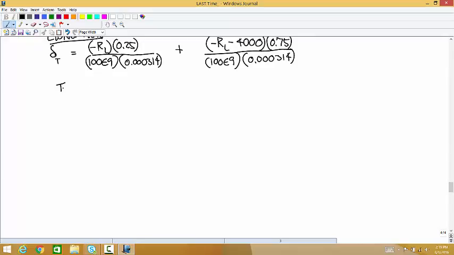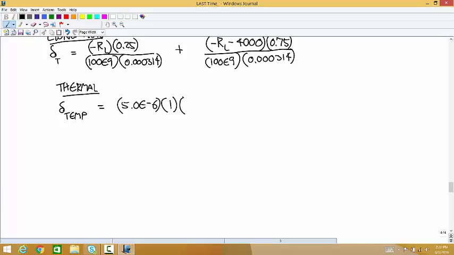And then the thermal expansion, the elongation due to the temperature change is equal to 5 times 10 to the minus 6. That's the coefficient of expansion, times the total length. We don't have to do cuts or anything for the thermal expansion. Times the change in temperature.